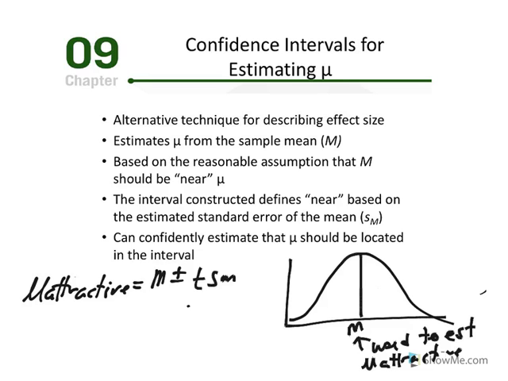So again, note that this value here is in the center, and then it's plus or minus the product of this value. That's going to give us a value below and above the sample mean and create a range.